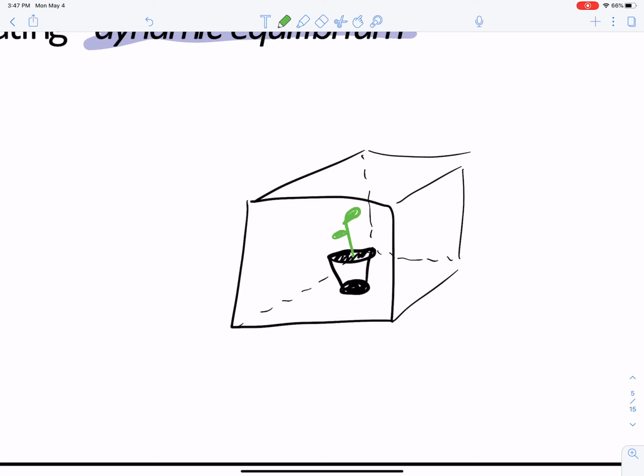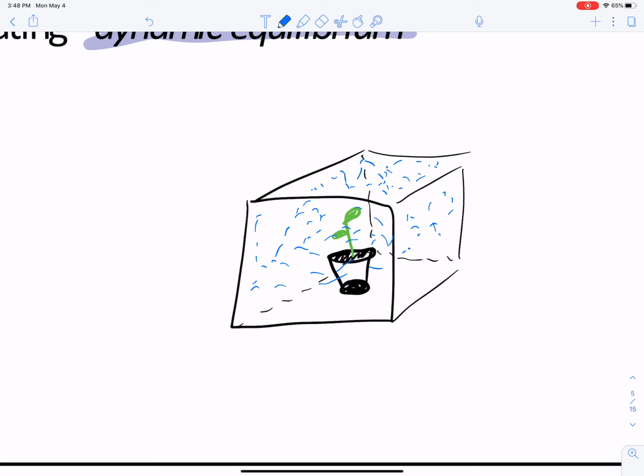Probably a bean or something like that, a styrofoam cup, all that kind of stuff. And then what happened was you'd get all this water that would condense on the top of the container and on the sides of the container, so it was hard to see the container because you'd have water all up in there. You remember seeing that kind of stuff when you were growing up? You're building up this greenhouse.